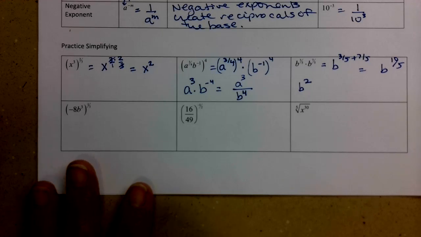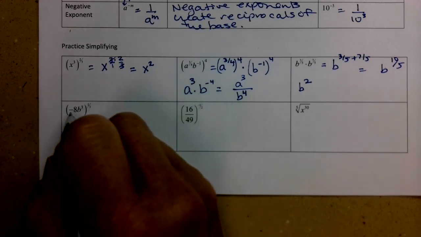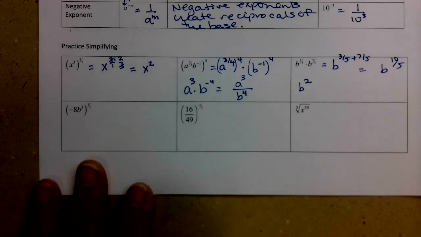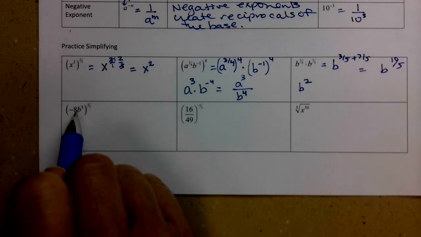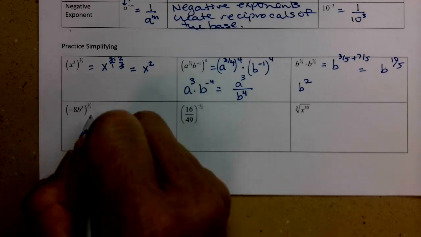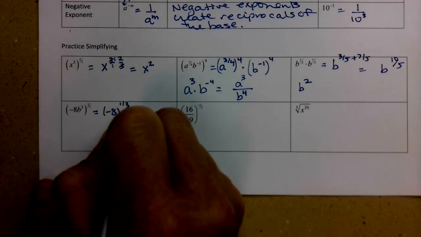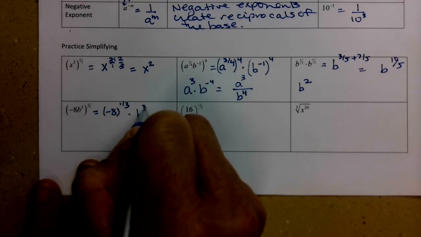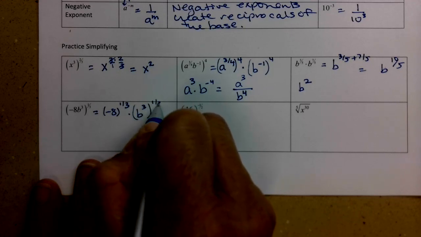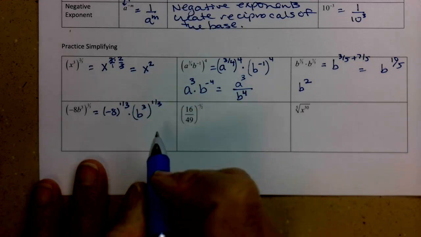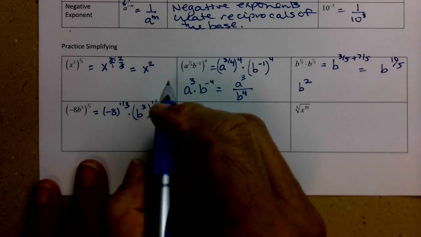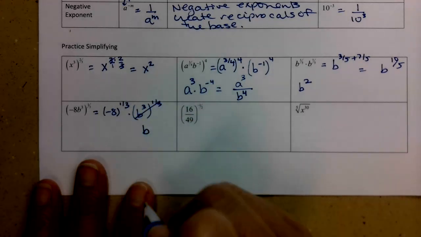Okay, let's see. For this one, I have negative 8b cubed raised to the 1/3 power. So I've got a product raised to a power, so I'm going to go ahead and use my product property. So I have negative 8 to the 1/3 times b cubed to the 1/3. So the b cubed to the 1/3, that's nice. That's just b.